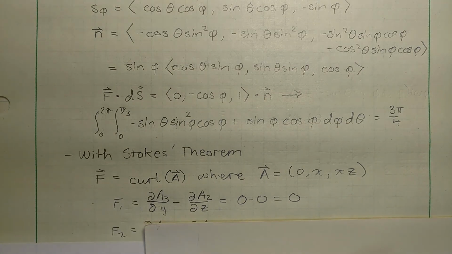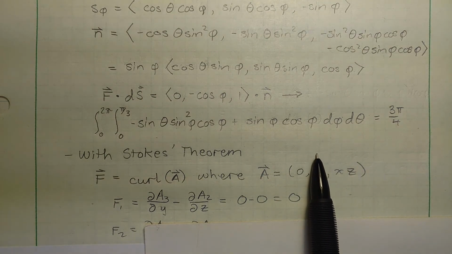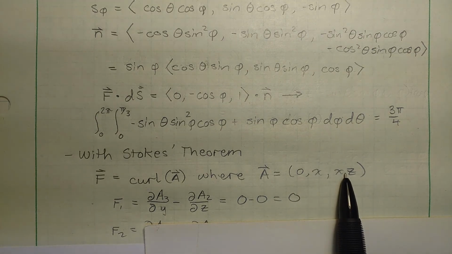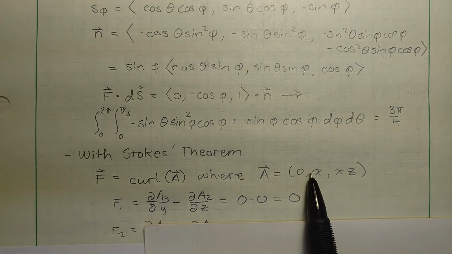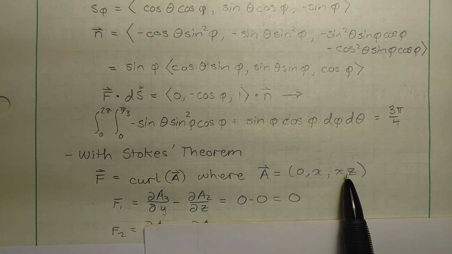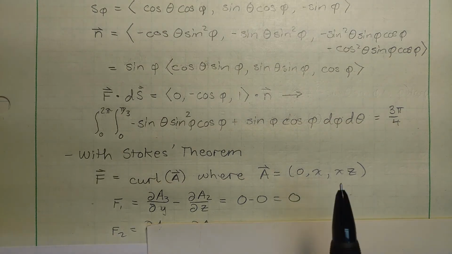So for my y component, I won't look at this here. I'll take the derivative of this with respect to z and the derivative of this with respect to x. But since I subtract the middle one, I actually have to do this one first with respect to z.